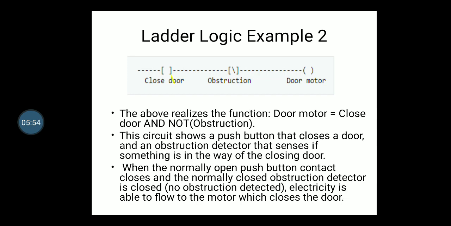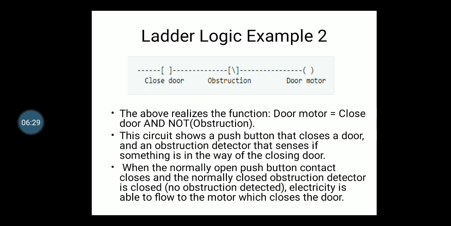When I press this one, it will also be closed, the current will flow and the door motor will operate. But suppose there is an obstruction while I am pressing this switch. This is normally closed, but when the obstruction comes, it will open, and the current will not flow this way. The door motor will stay at rest, in the same condition as earlier.